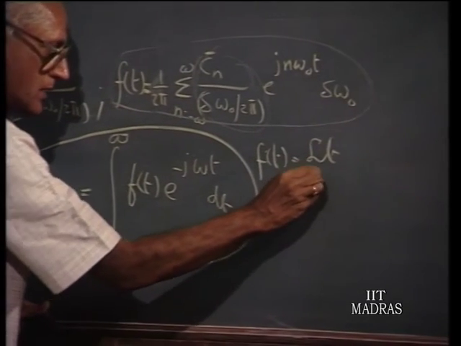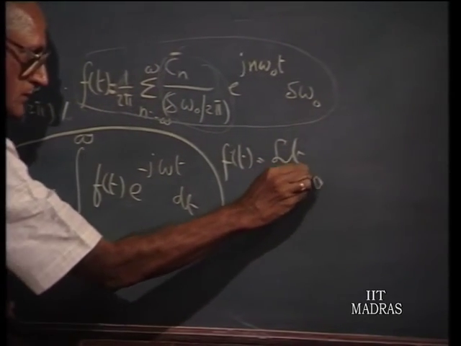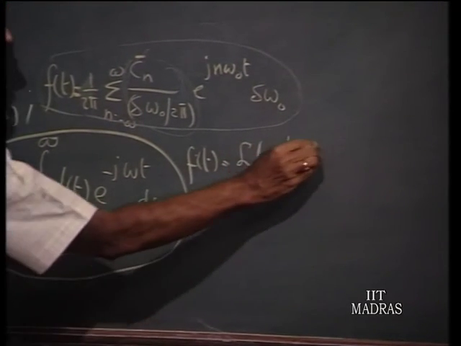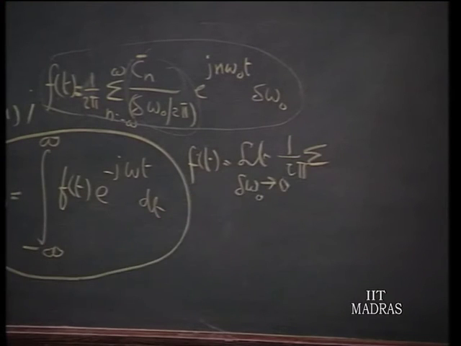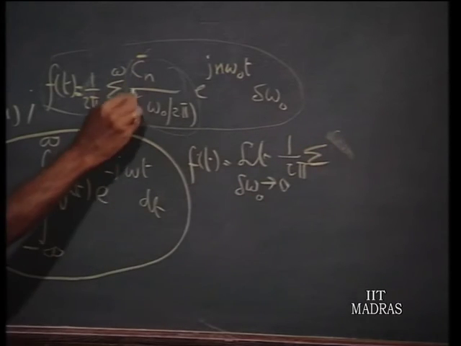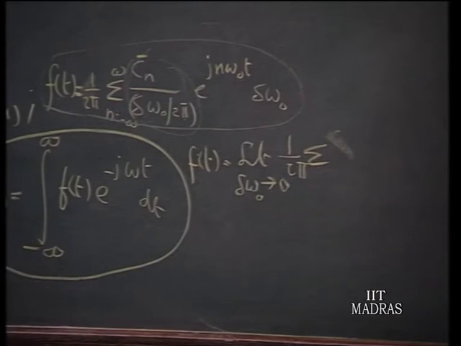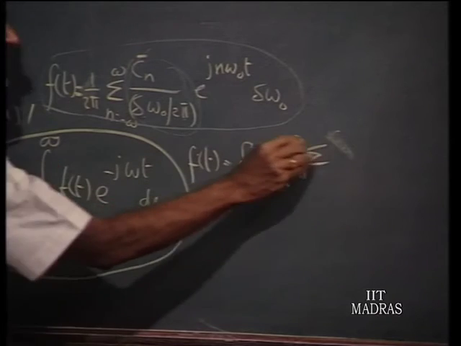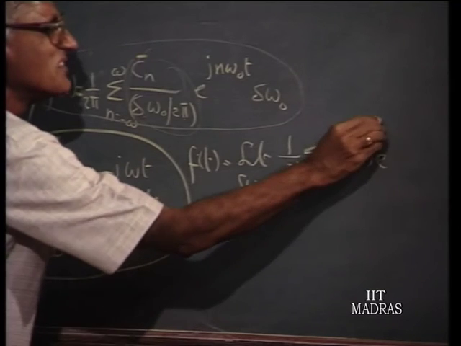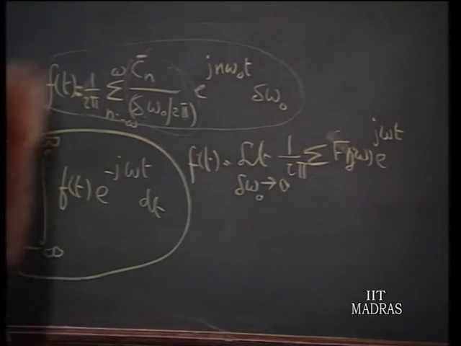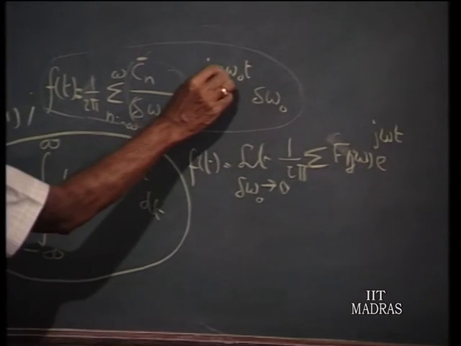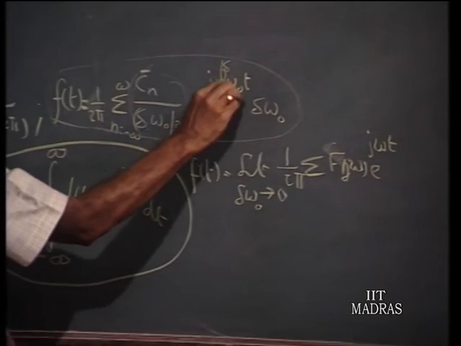Limit as delta omega naught goes to 0 of 1 over 2 pi, the summation of C n over delta omega naught over 2 pi, we call that F of j omega. So, F of j omega e to the power of j omega t, because n delta omega naught becomes, I am sorry, here also I must have delta omega naught in the large case.